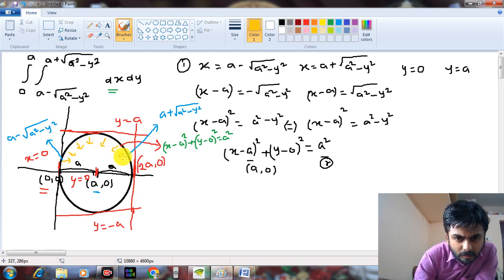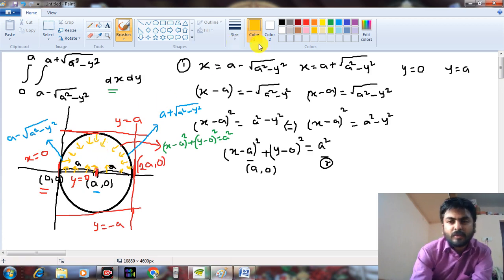This is the lower limit and this is the upper limit. For y, the lower limit is this, because y equal to 0 is the lower limit, and the upper limit is y equal to a.